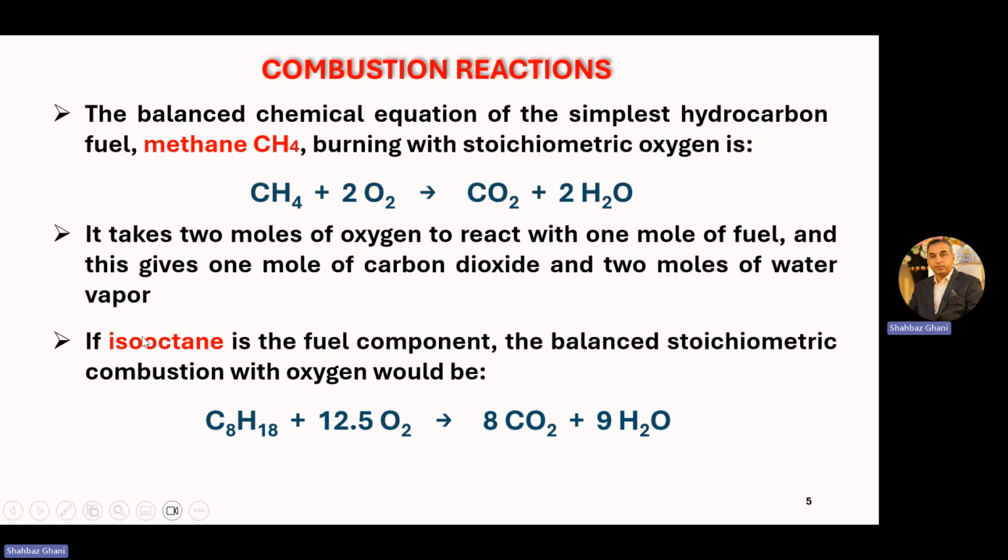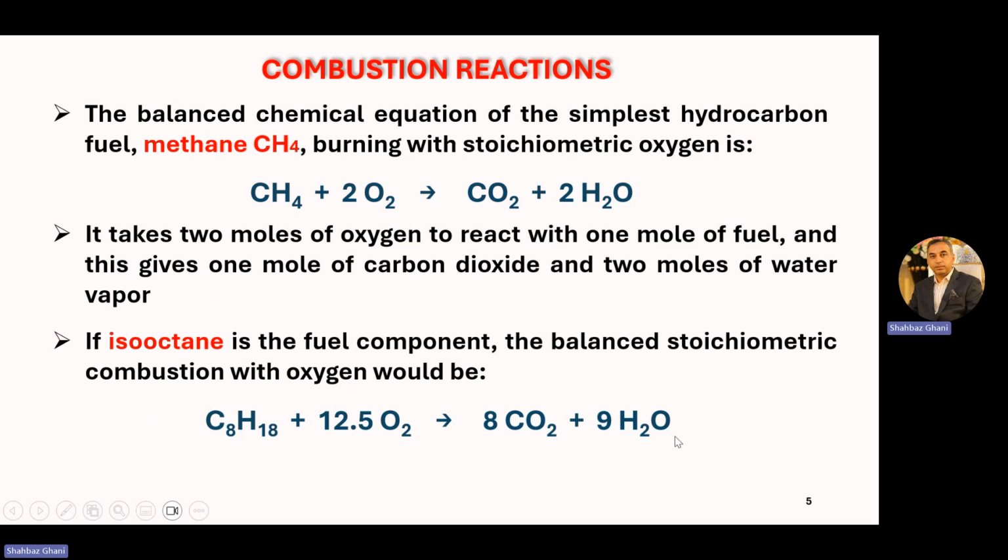Now, instead of methane, we are using isooctane as the fuel. The balanced stoichiometric combustion with oxygen would be C8H18, the isooctane fuel, plus 12.5 O2, meaning 12.5 moles of oxygen, and it will give us 8 moles of carbon dioxide and 9 moles of water vapor.